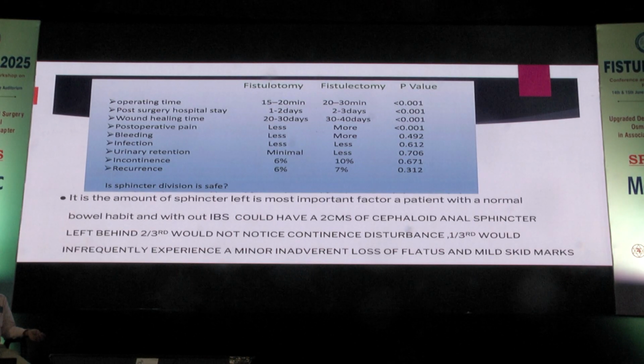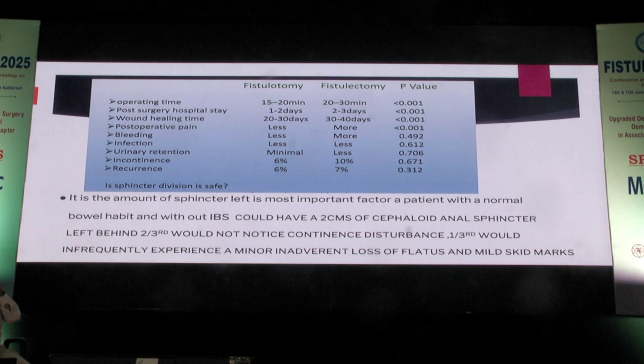In the previous RCT trials, the p-value is significant for the operating time, post-surgery hospital stay, wound healing time and post-operative pain, but statistically not significant for bleeding, infection, urinary retention, incontinence and recurrence. So, from this table, the inference is that the amount of sphincter left is the most important factor.